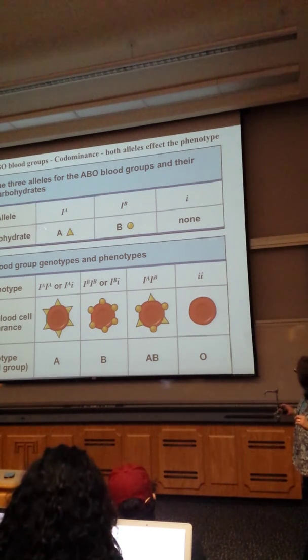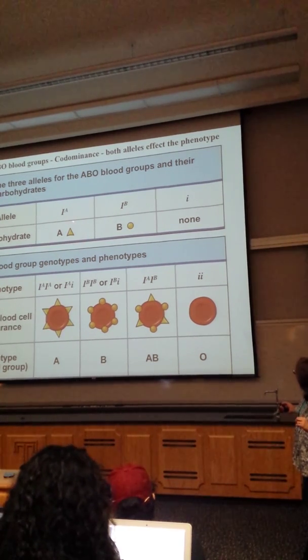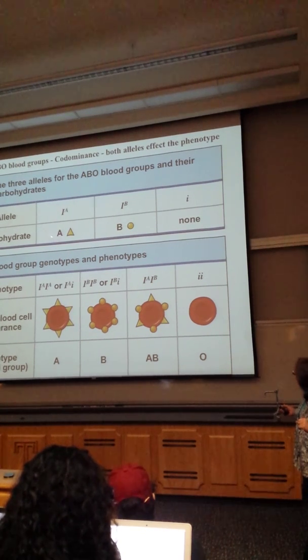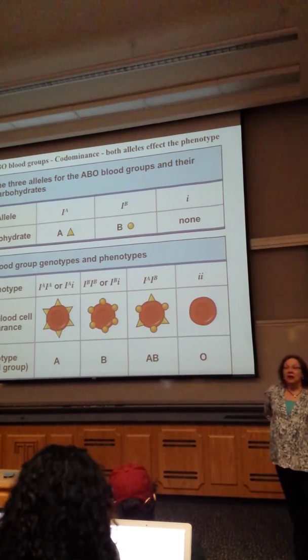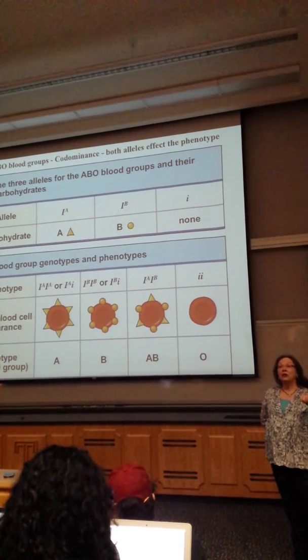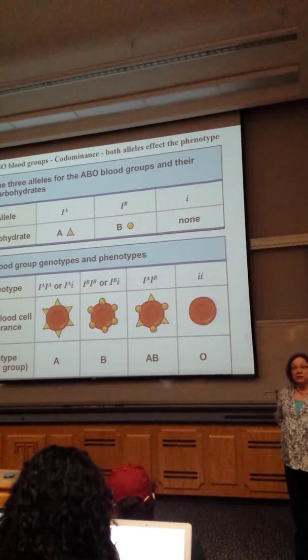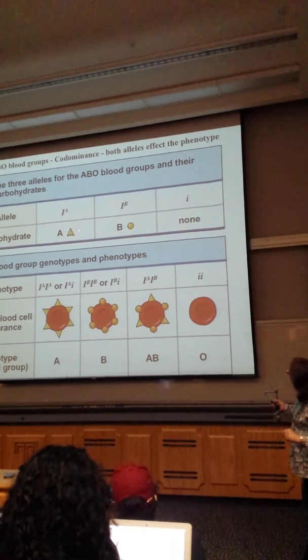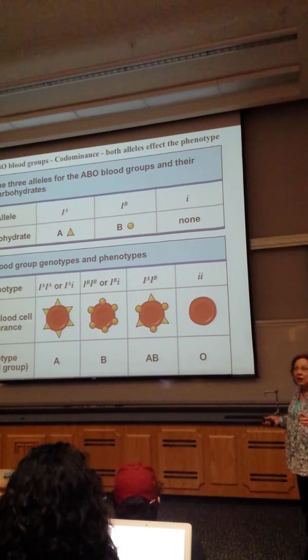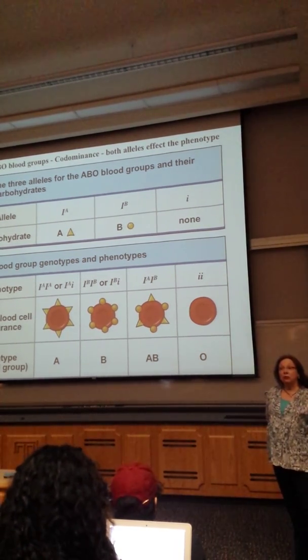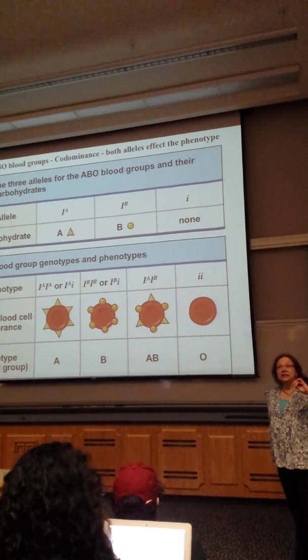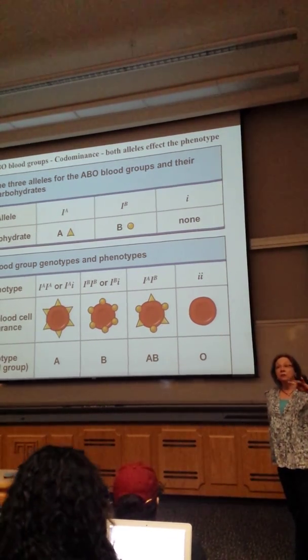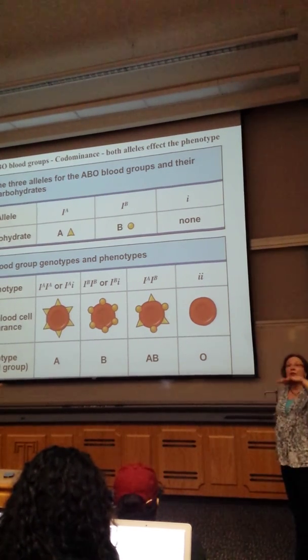And the enzyme that is the glycosyltransferase for blood type A actually attaches an N-acetylgalactosamine to the surface of the red blood cell. Okay? So the glycosyltransferase, encoded by the enzyme that gives you the A blood type, actually transfers an N-acetylgalactosamine to the surface of the red blood cell.